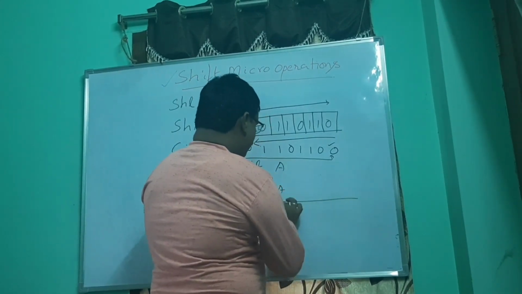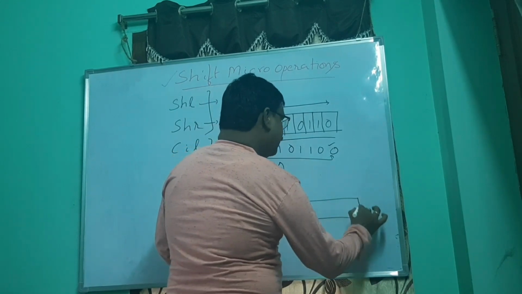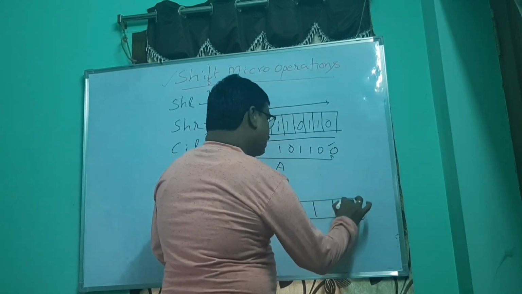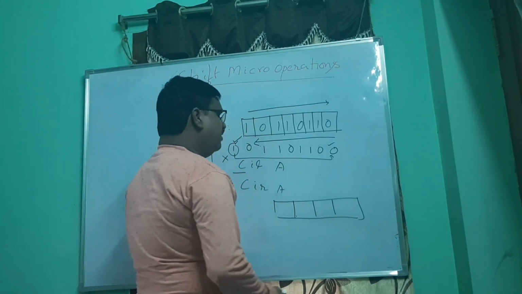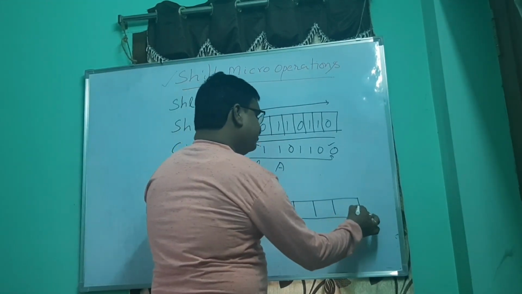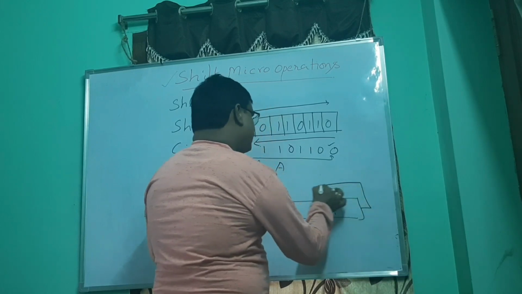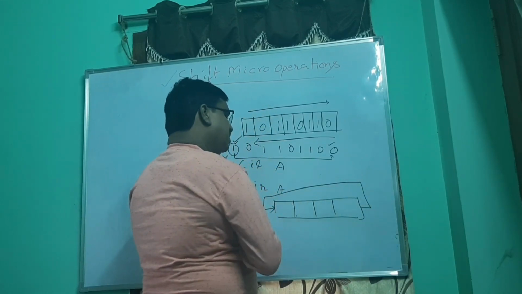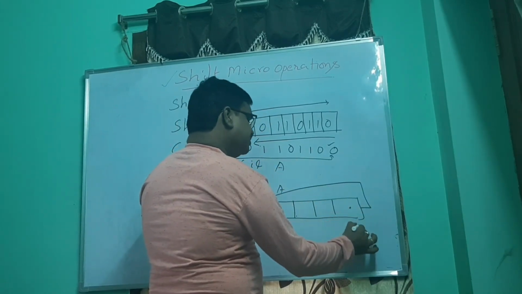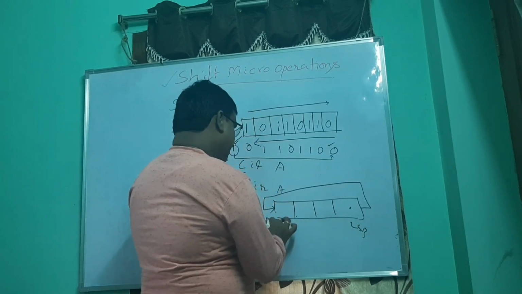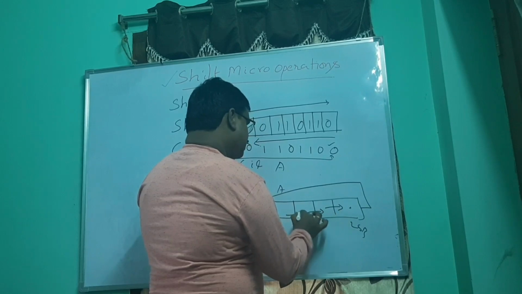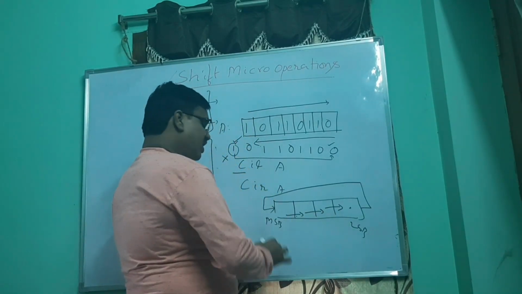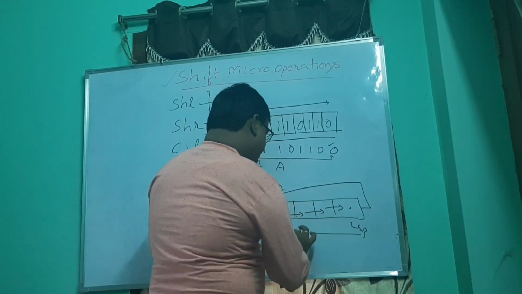So when you perform the circular left and circular right shift commands, it will be like this. The LSB will come here as the MSB, and this goes to here, this goes to here, this goes to here. Right. And one more.